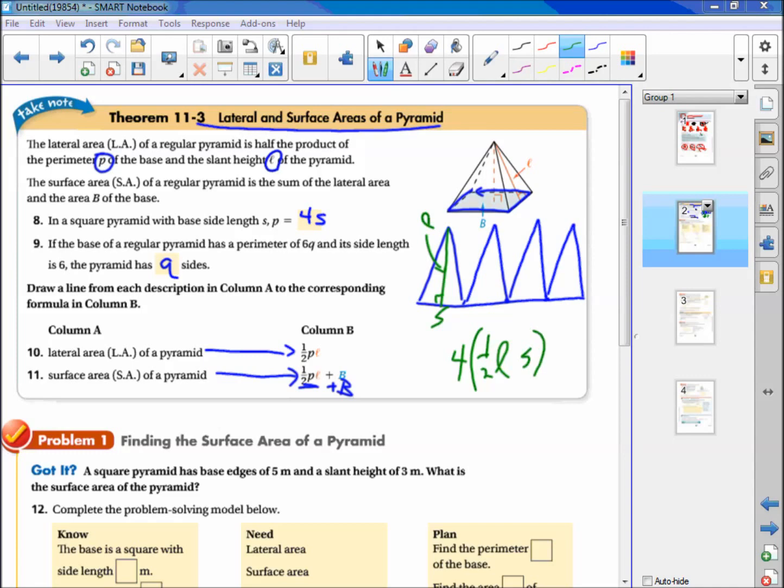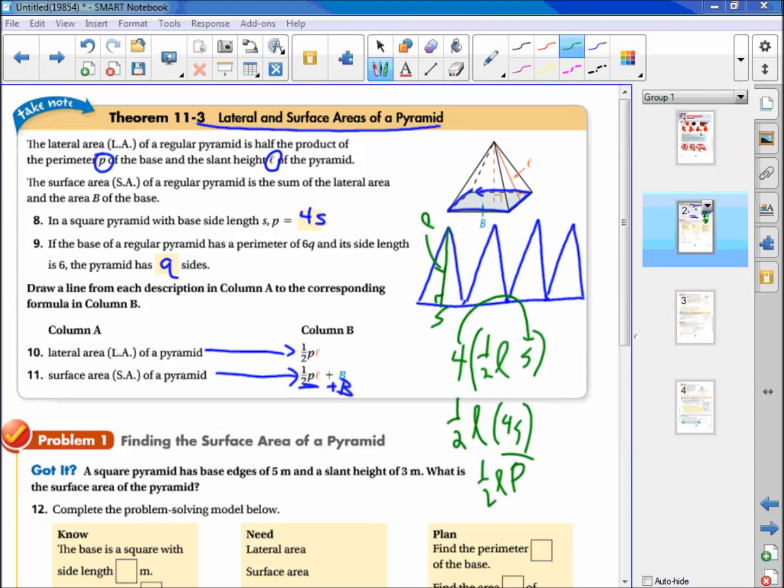Now, if I rearrange this, I could do 1/2 times L, and then 4 times the number of sides. Well, 4 times the number of sides is just the perimeter. So that's where they get it for this square pyramid.